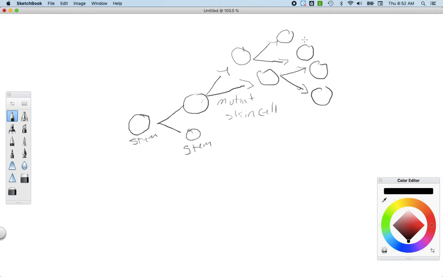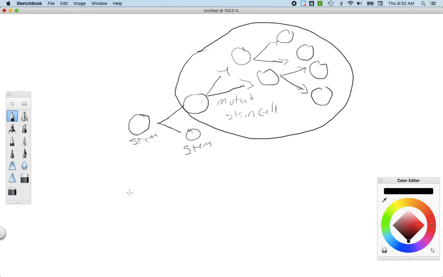Those four cells also have the ability to divide, so that what you end up with is, instead of one cell replacing one cell, we now have 1, 2, 3, 4, 5, 6, 7 cells replacing one cell.